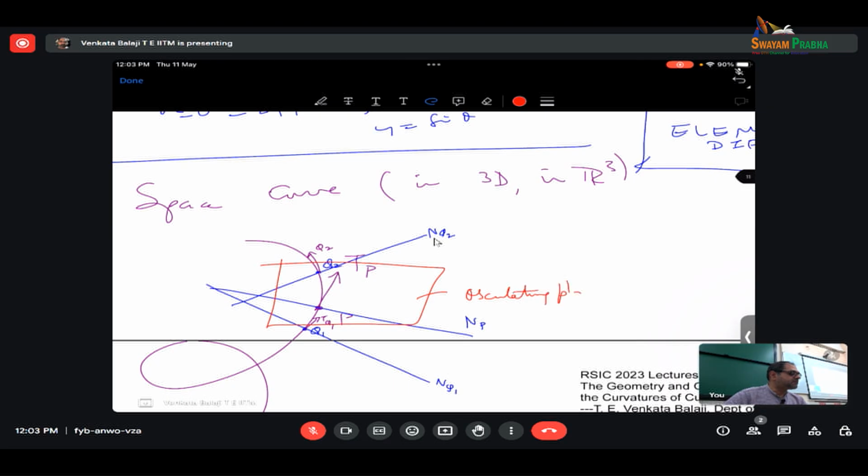That is a very special plane, and in that osculating plane you get a circle. That circle will be the circle of curvature, and that circle will have a center, and that will be the center of curvature. And of course, once you know that, you get the radius of curvature at the point, and then you can write the curvature at the point to be the reciprocal of the radius of curvature at that point.